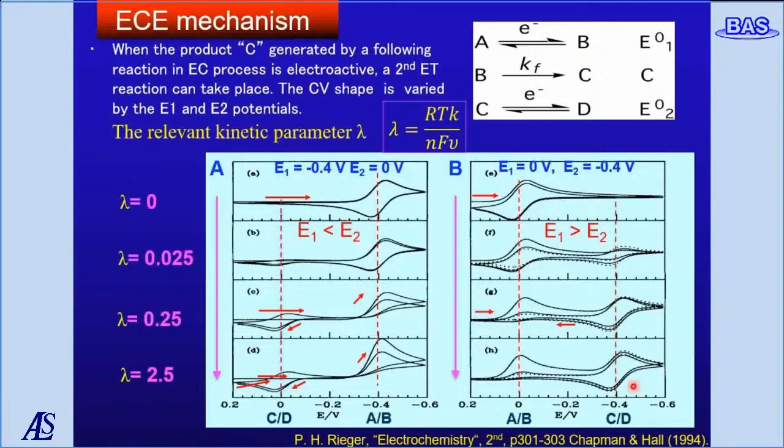At the same time, the oxidation wave of B decreased, resulting in the loss of reverse oxidation peak A. Therefore, in ECE mechanism, both the redox potentials of AB and CD couples and the kinetic parameter lambda play an important role for the CV shape.